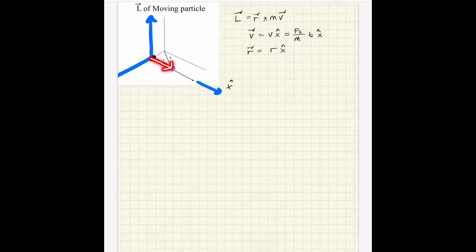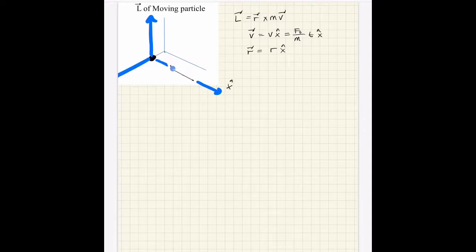And of course, I can choose it anywhere I want because this thing actually isn't rotating, right? So from here to here, the magnitude of that r vector is just going to be r.